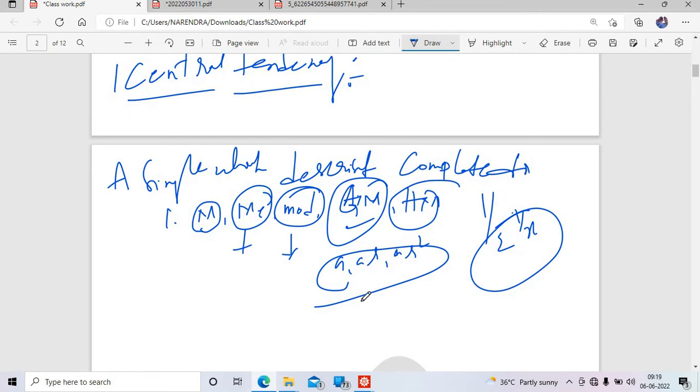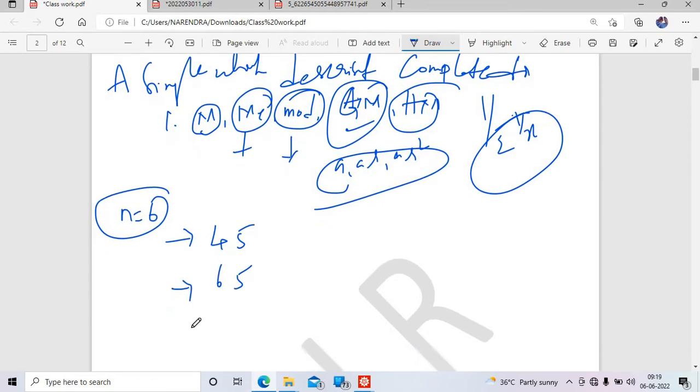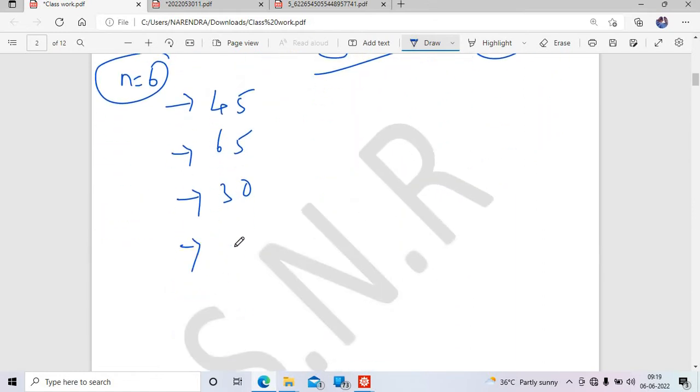My example is, if you take any data set, like mine, I have n equal to 6 values. My values are 45, 65, 30, 75, 70, and 55.